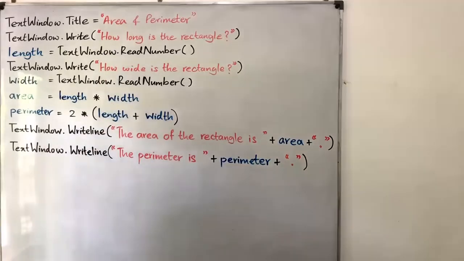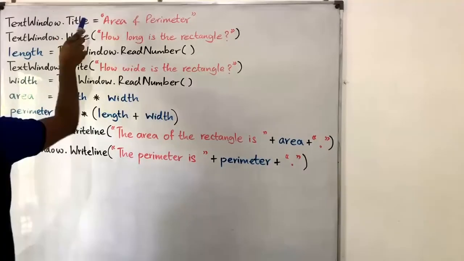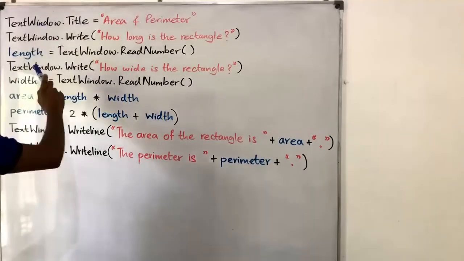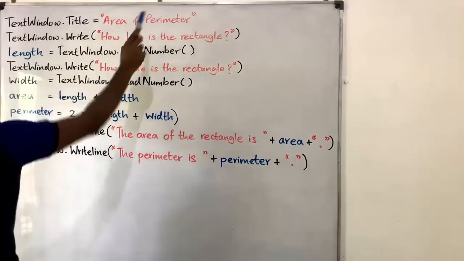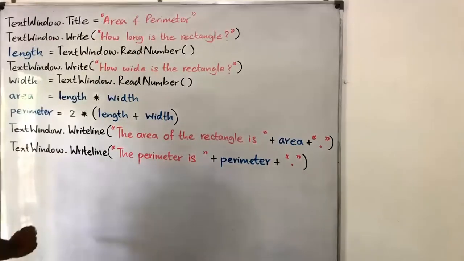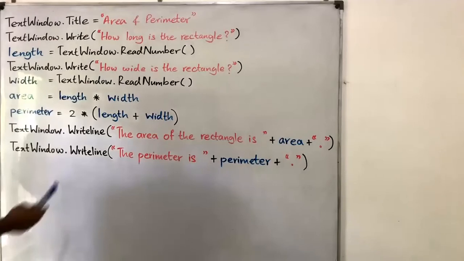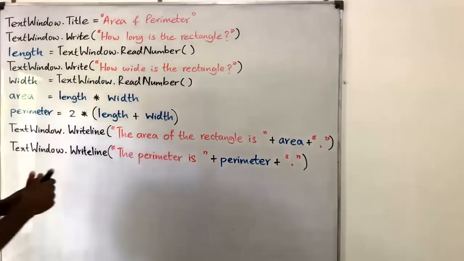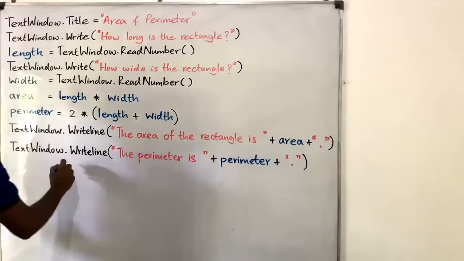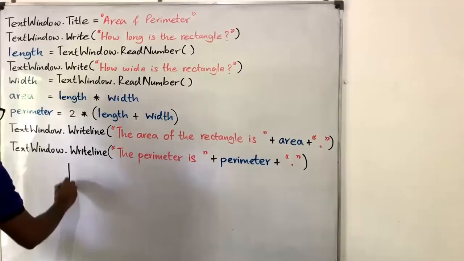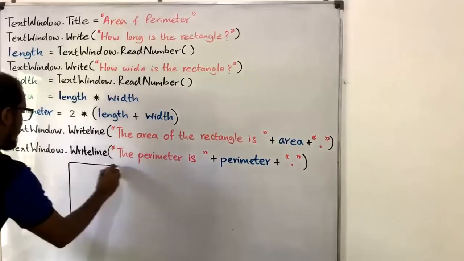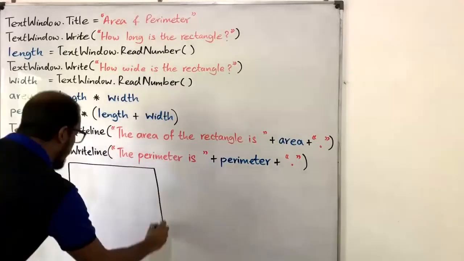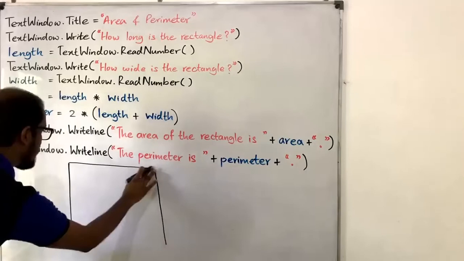In the first statement it says text window dot title equals area and perimeter. Now you know the text window object. Now I would like to draw the text window here. Text window means the window with the black background.